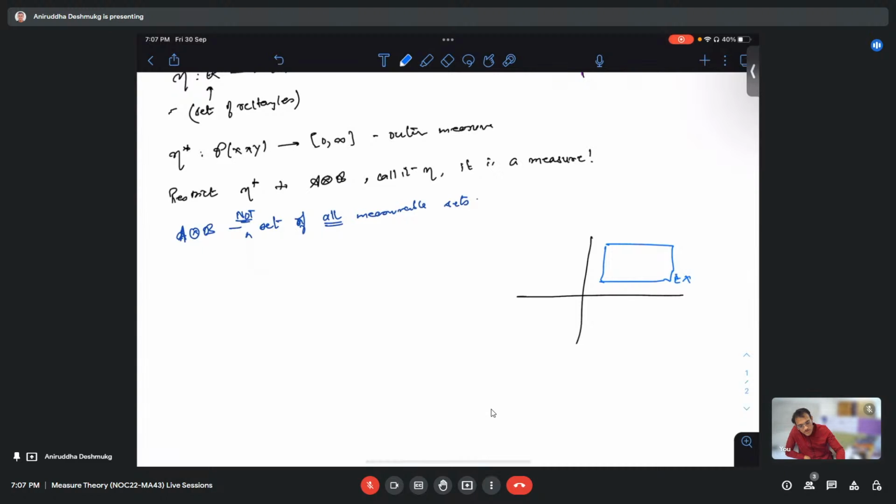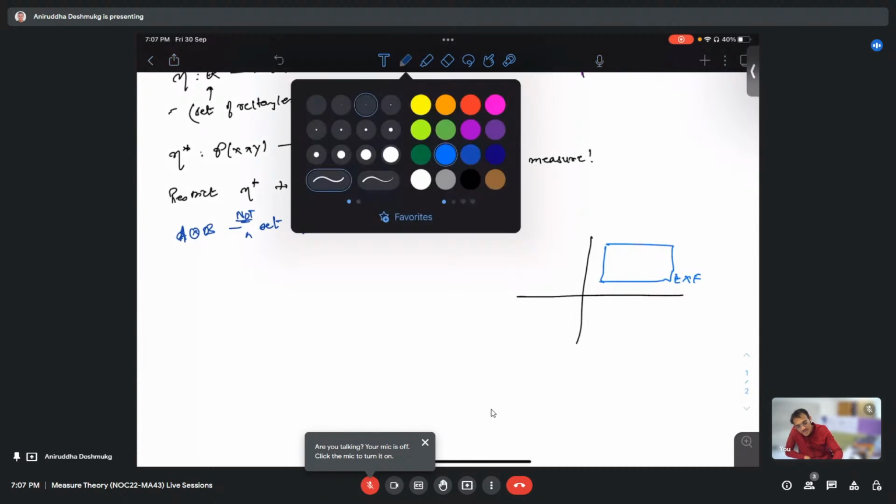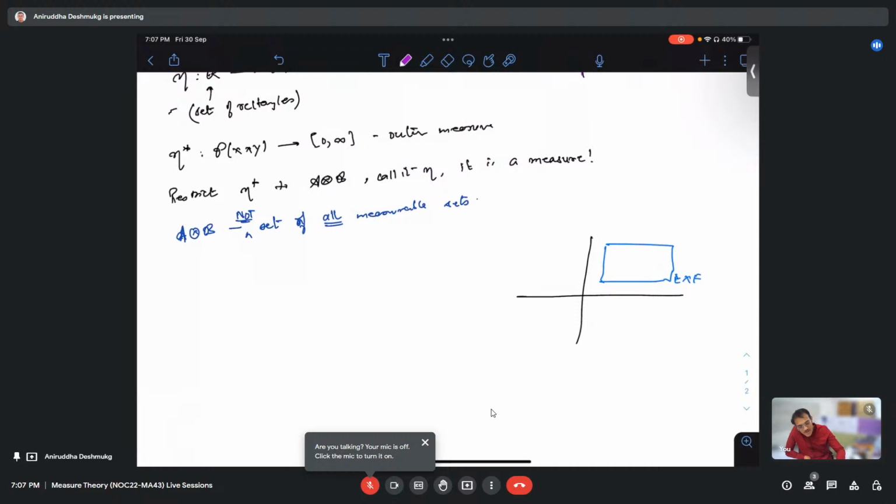Now, to measure the area of a rectangle, the natural way to do it is, let us look at this line here. Whatever the length of the line, this is precisely the breadth. Right? So this line, let us move throughout the rectangle, and then that total movement would give the area E cross F. Or what I can do, let us start with a horizontal line, and let us move it vertically.